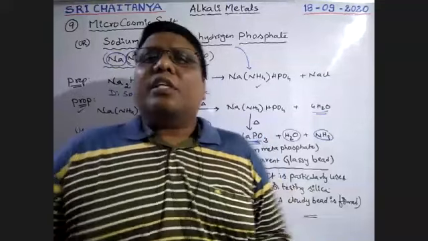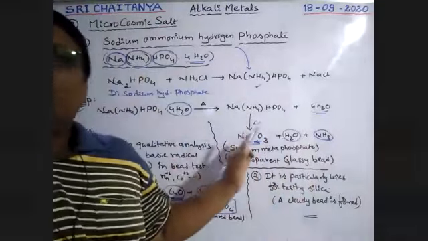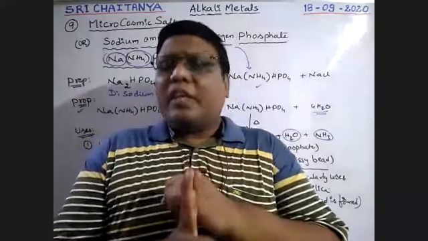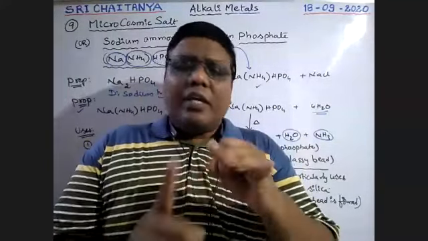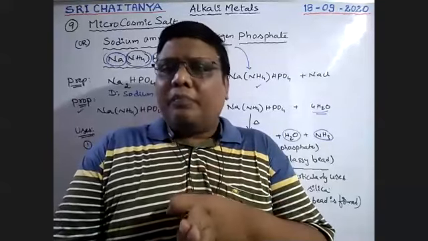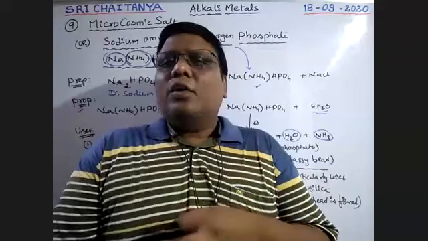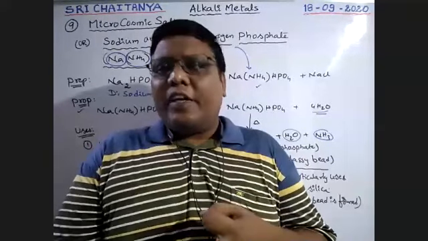So this is the major concept. In this concept, you should know first of all the formula, its general name and chemical name. The general name is microcosmic salt and the chemical name is sodium ammonium hydrogen phosphate.